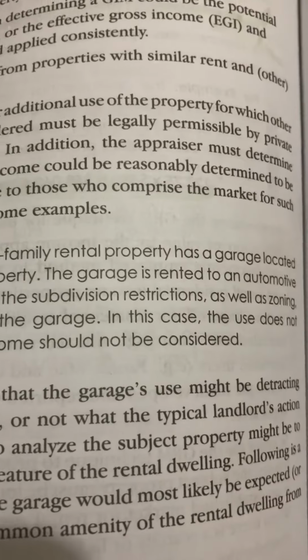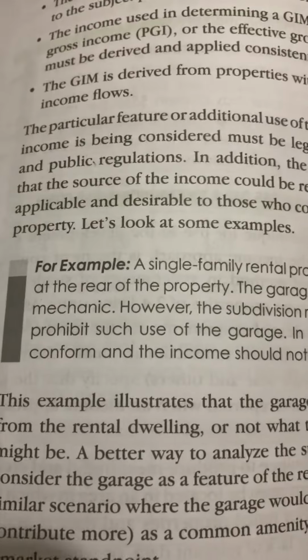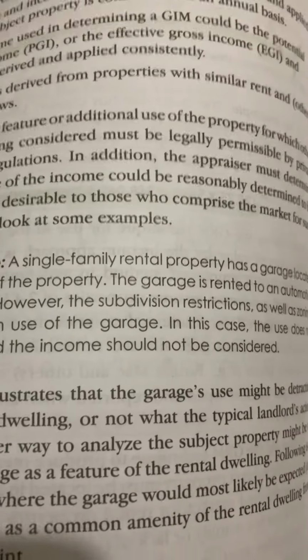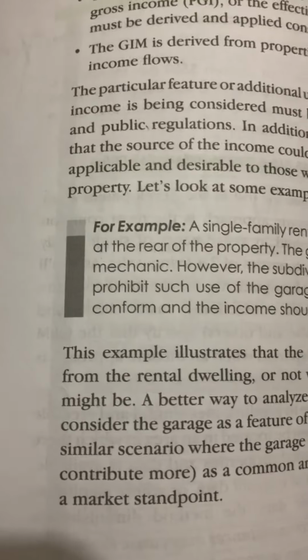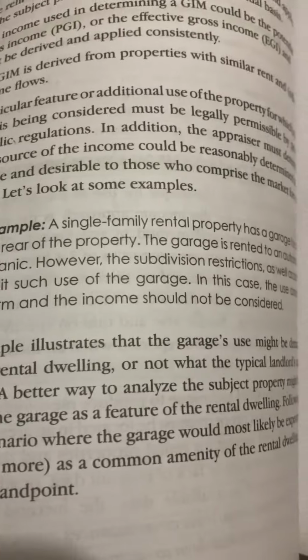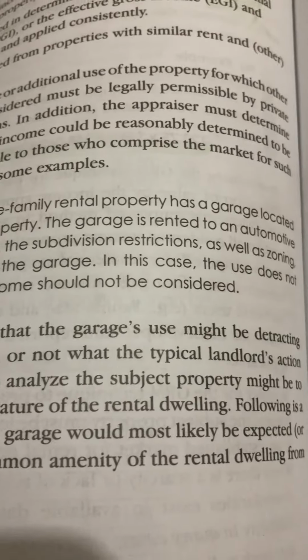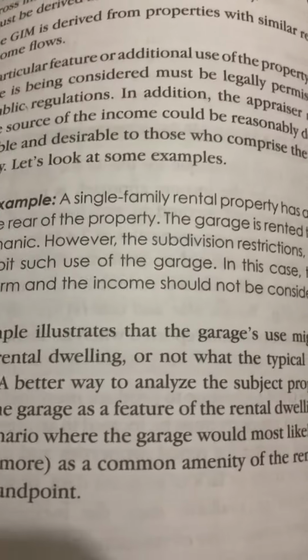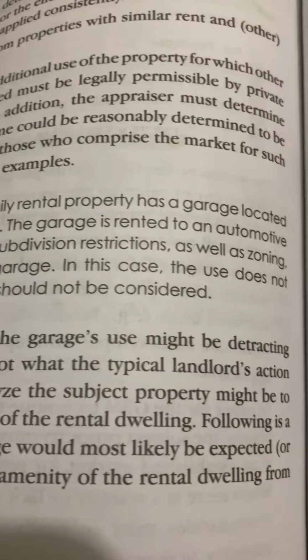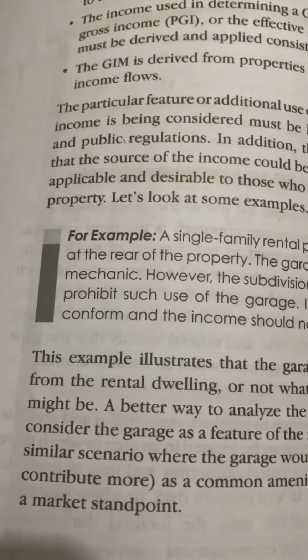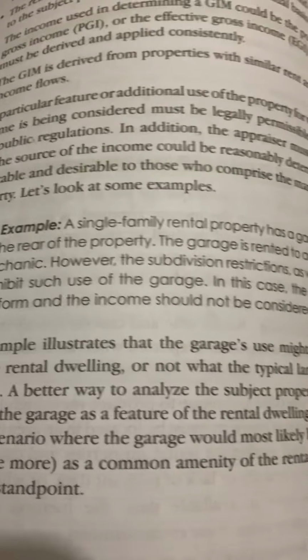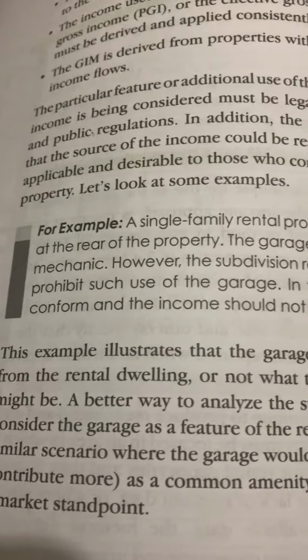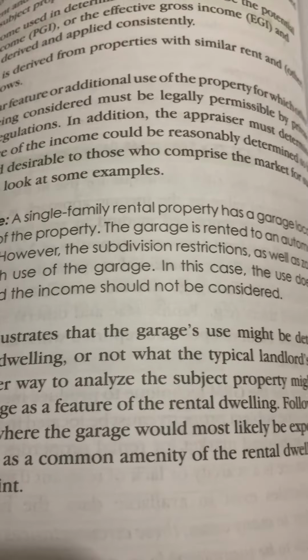In this case, the use does not conform and the income should not be considered. This example illustrates that the garage's use might be detracting from the rental dwelling, or not what the typical landlord's action might be. A better way to analyze the subject property might be to consider the garage as a feature of the rental dwelling.